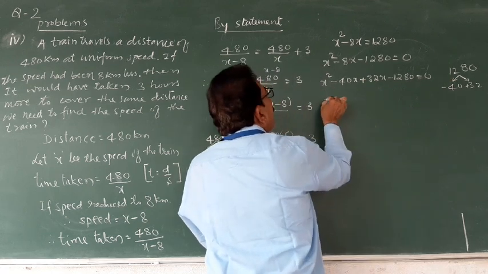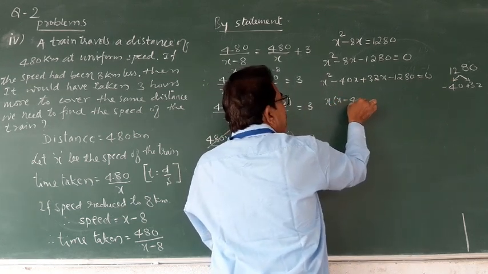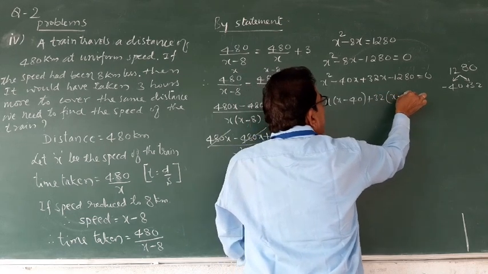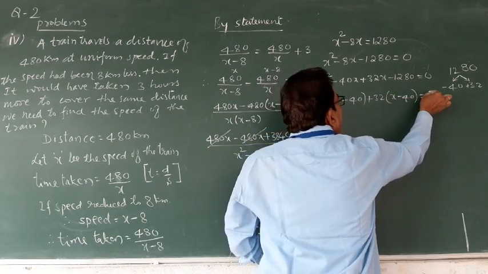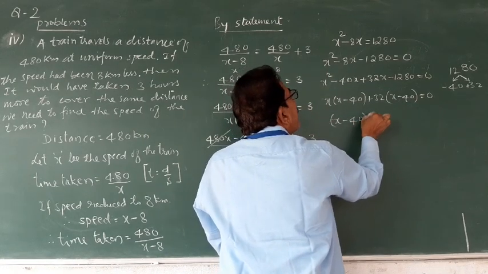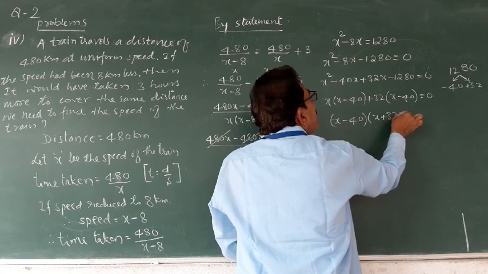Equals 0. X in the bracket x minus 40 plus 32 in the bracket x minus 40 equals 0. X minus 40, then x plus 32.